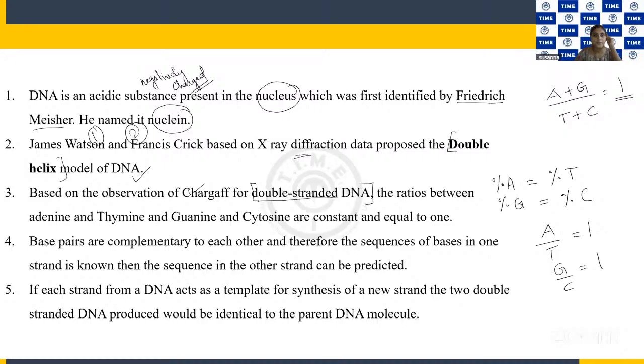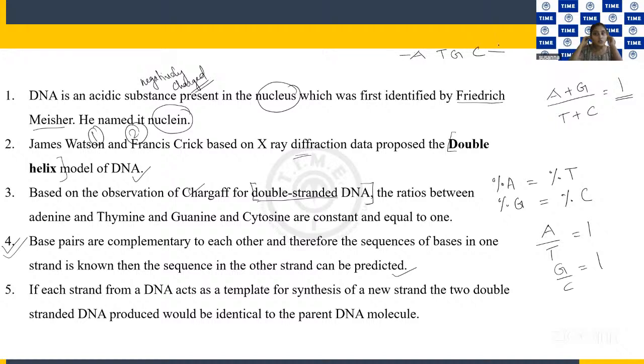Okay, right. Next, the base pairs are complementary to each other, and therefore if the sequence of bases in one strand is known, then the sequence in the other can be predicted. This is another important fact: the nitrogenous bases are complementary in nature. For example, if you have adenine, then thymine, guanine, cytosine, this is the order of nitrogenous bases in one of the strands.